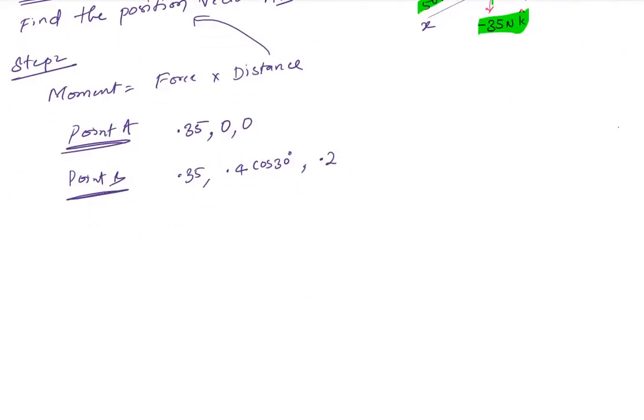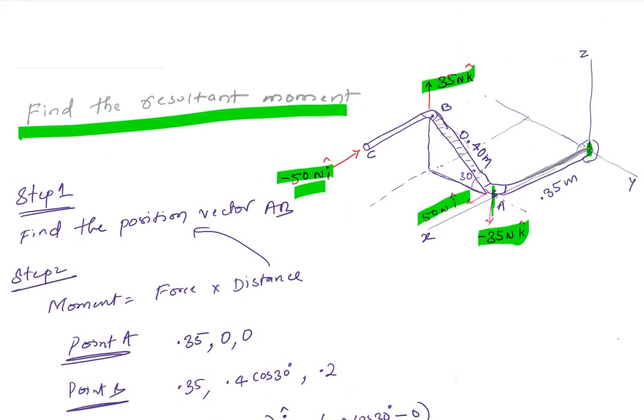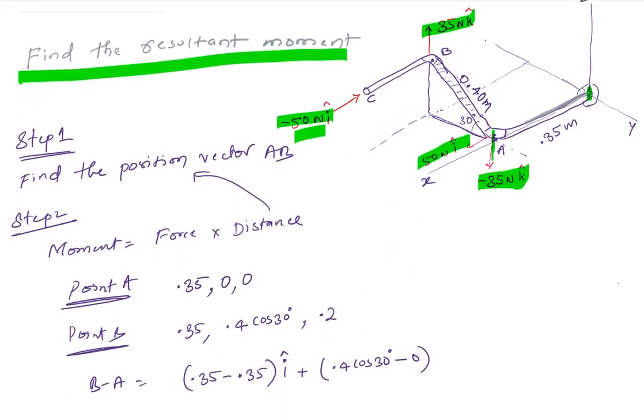So position vector of AB is, just do B minus A, okay? So 0.35 minus 0.35, and because this is a vector, we're going to start writing the IJK notation here. i simply means along x-axis, okay? Plus j is 0.4 cosine 30 minus 0, right? Oh, I made a mistake.